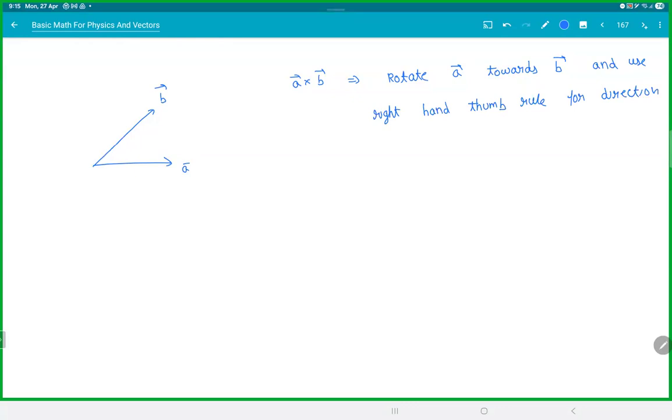So how will the vector be? If you rotate A towards B like this, then the vector will point upward, isn't it? A cross B. Is that making sense, everyone? So if you rotate A towards B, you will get A cross B.